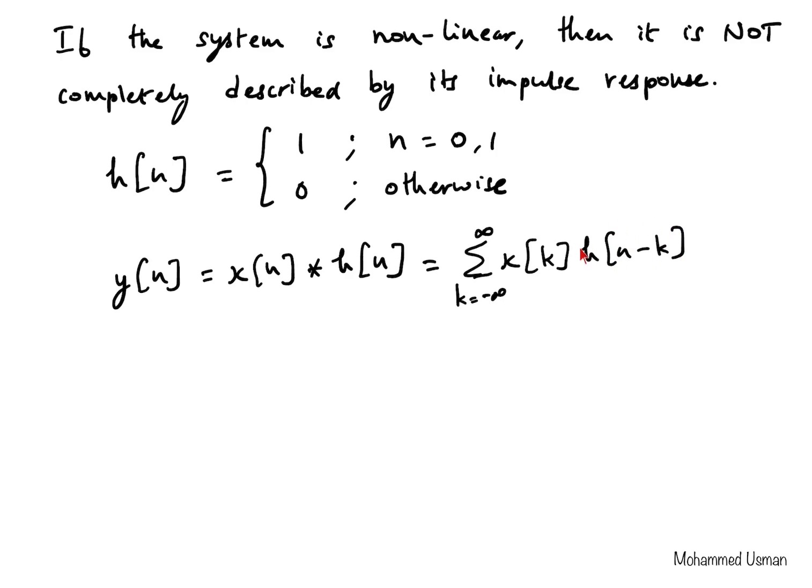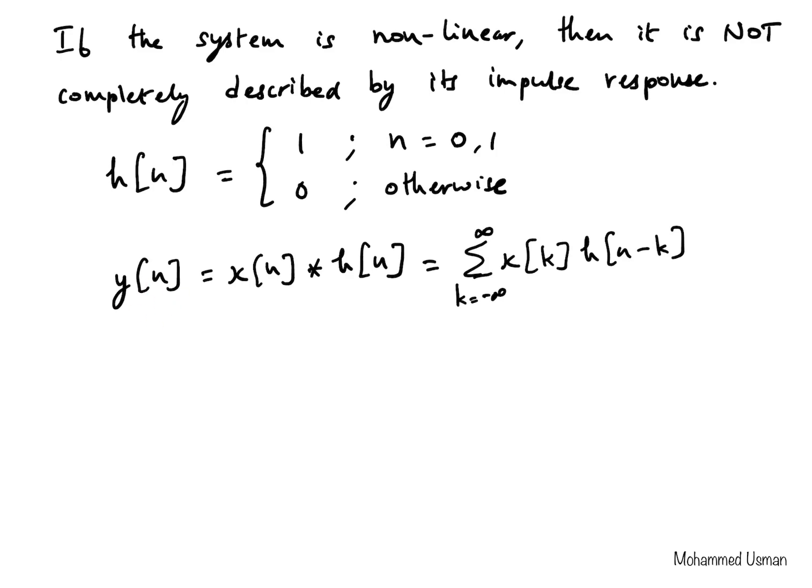So h of n minus k here is non-zero only when this n minus k is either 0 or 1. For all other values it is 0. So what are the two possible values of k for which n minus k is non-zero in this case? So that will give us the value of y of n.